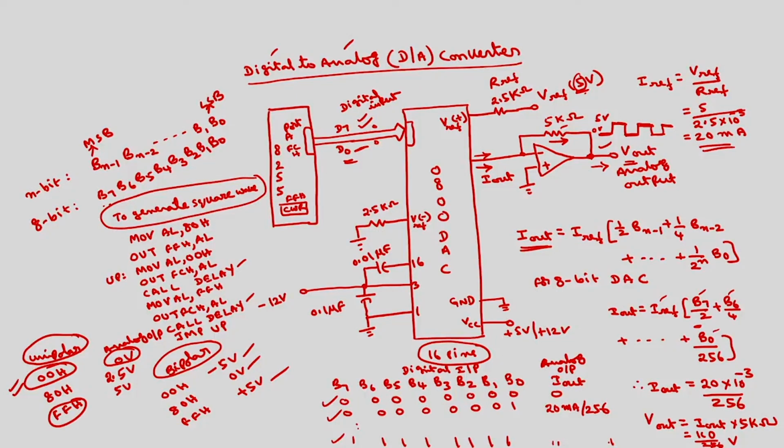We can also generate a triangular wave as well as a sawtooth wave. Okay. So how to generate a sawtooth waveform? Sawtooth waveform generation using the D to A converter.